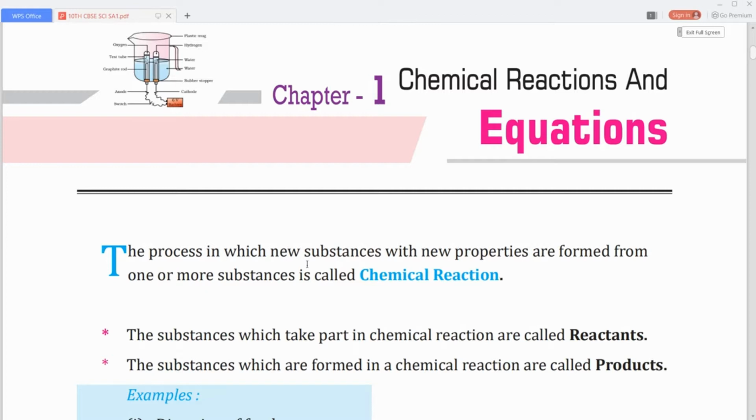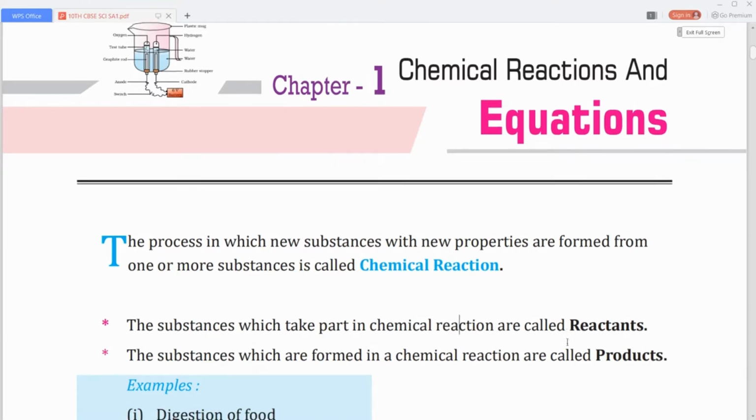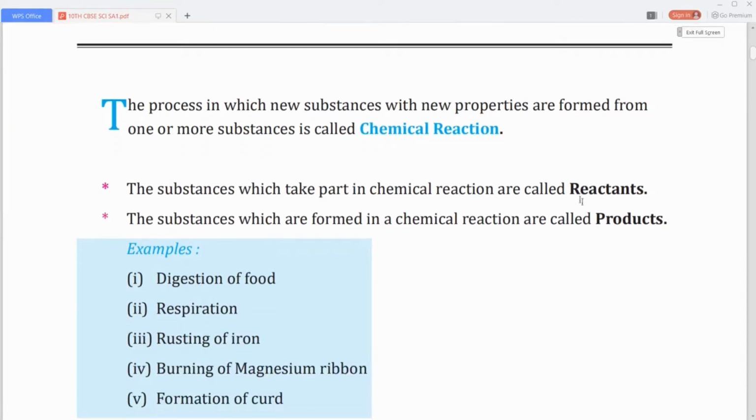Now, to understand chemical reaction better, first of all, we have to understand the two important terms, that is reactant and product. The substances which take part in a chemical reaction are called reactants. As an example, C plus O2 gives CO2.